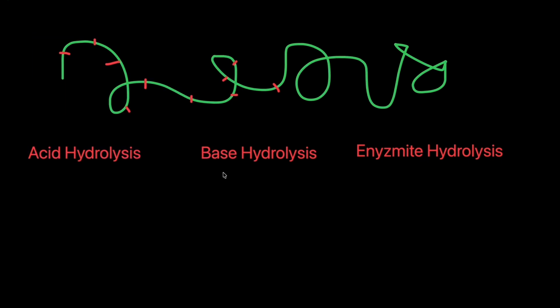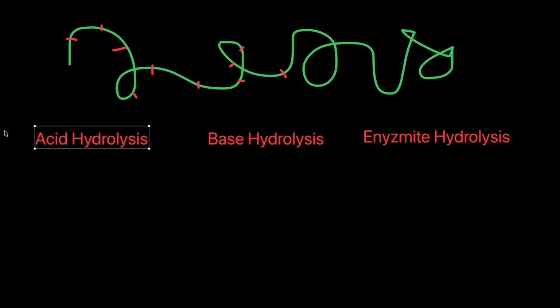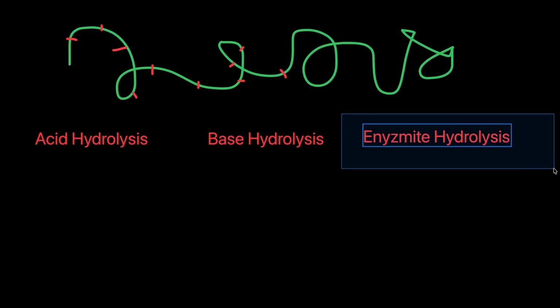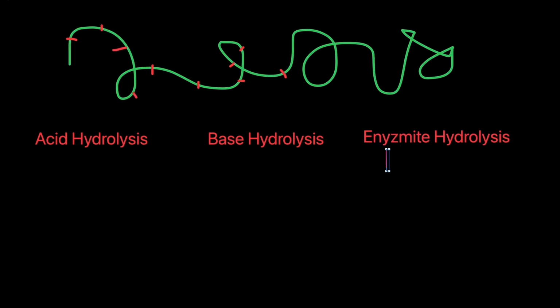Basically, hydrolysis uses water with either acid, base, or enzymes to break open these amino acid chains. As the name suggests, acid hydrolysis breaks it open with acids, and base hydrolysis breaks it open with base, with a high pH value. And enzymatic hydrolysis uses proteases to break open the protein.